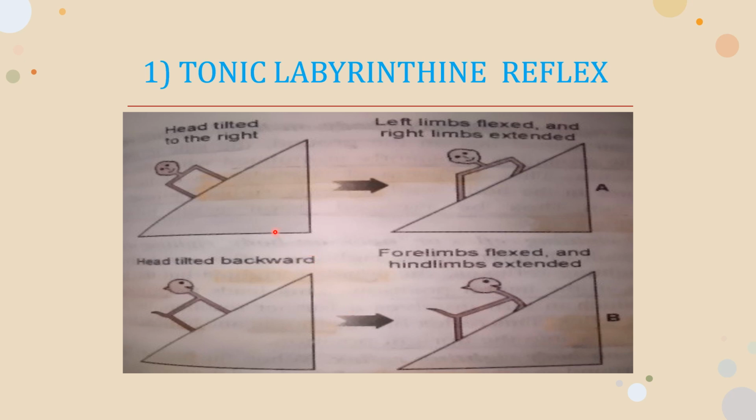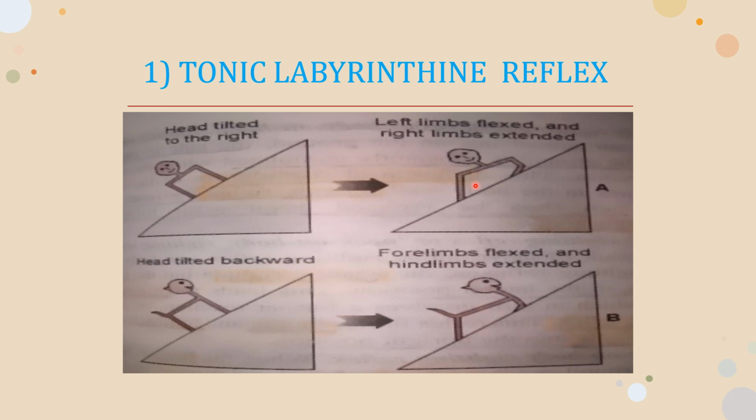So in this way, in the labyrinthine reflex, when the person is standing on an inclined plane, the head will be tilted to the right. That leads to correction of the body. When the head is tilted to the right, the left limb will be flexed and the right limb will be extended to support the change in position of the head.